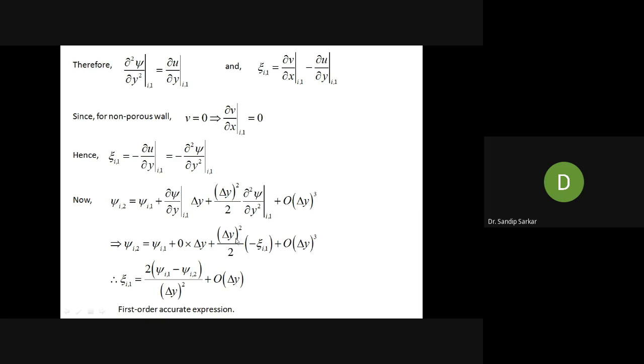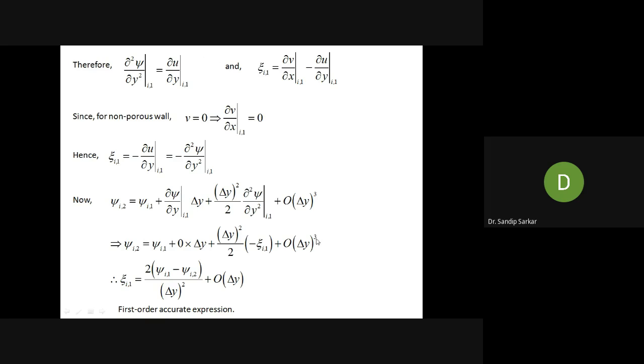So with algebraic manipulation, if we take this term and divide by delta y square by 2, we have zeta I1 equal to twice of psi I1 minus psi I2 by delta y square, plus order of delta y, because the delta y cube will be divided by delta y square.